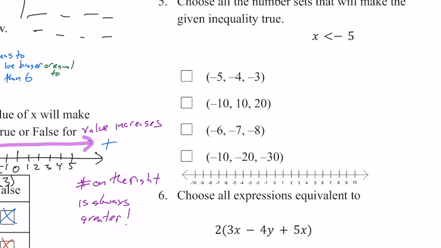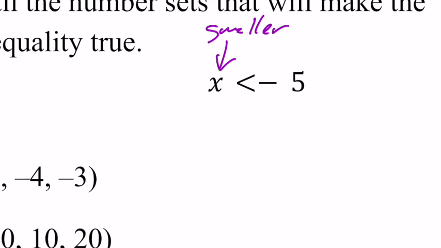All right. So x is less than -5. In this case, I have -5 there. Nope, that's +5. X is -5. And what I want you to know is that this one is smaller. Why? Because again, the alligator eats the bigger value.